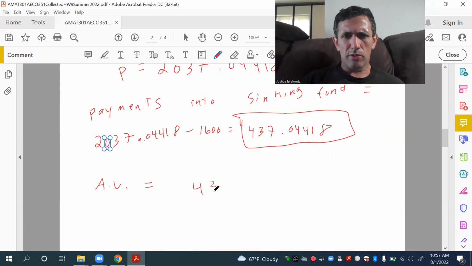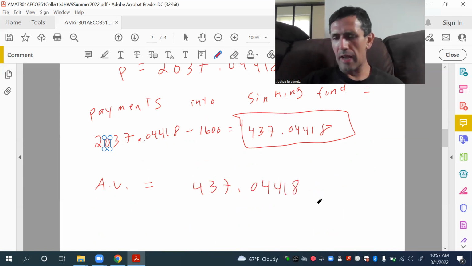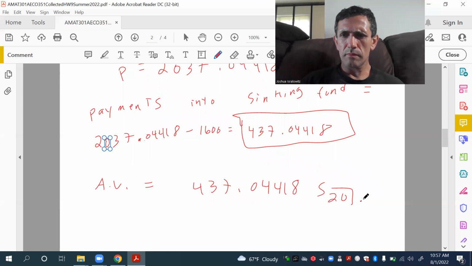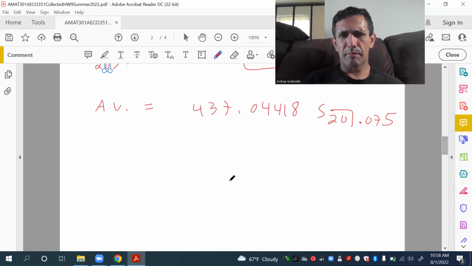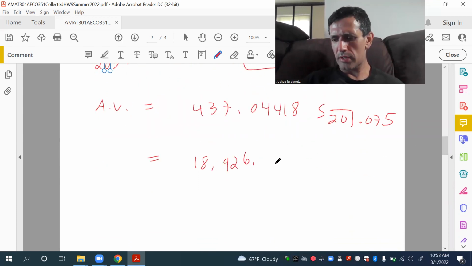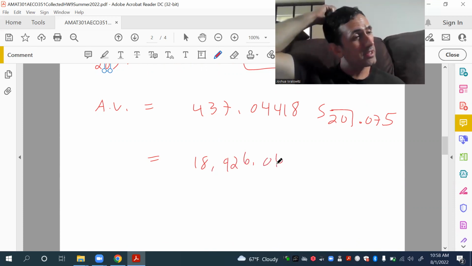All right, so standard formula for accumulated value. Use the calculator or the formula. Use both, it's a good way to check it. You have plenty of time to do these problems, so I would probably use the formula and the calculator to check. Anyway, this is 18,926, roughly 6 cents.